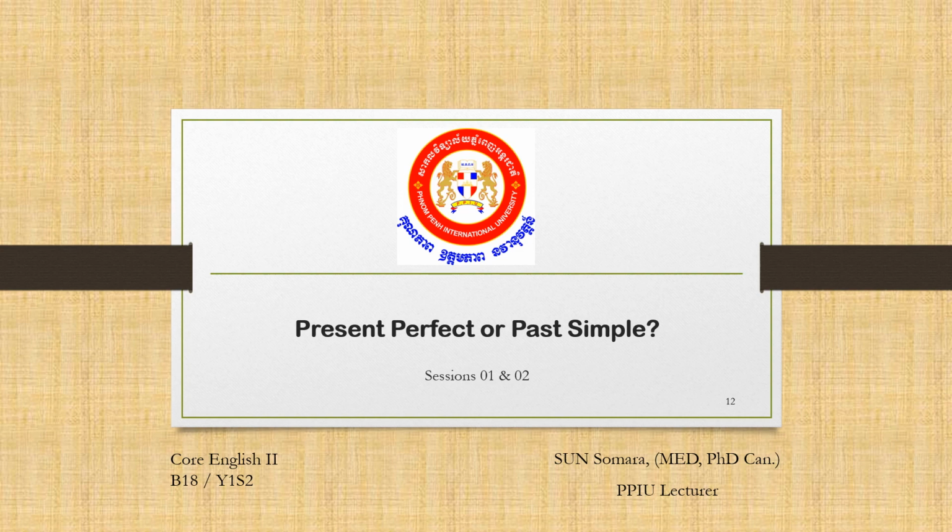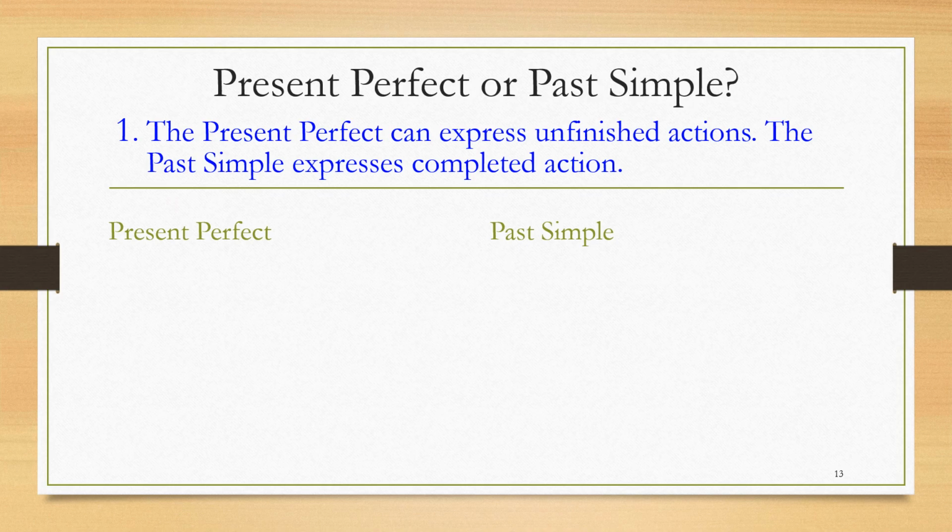All right. So the first one, we can say the present perfect simple can express unfinished action, while the past simple tense expresses completed action.